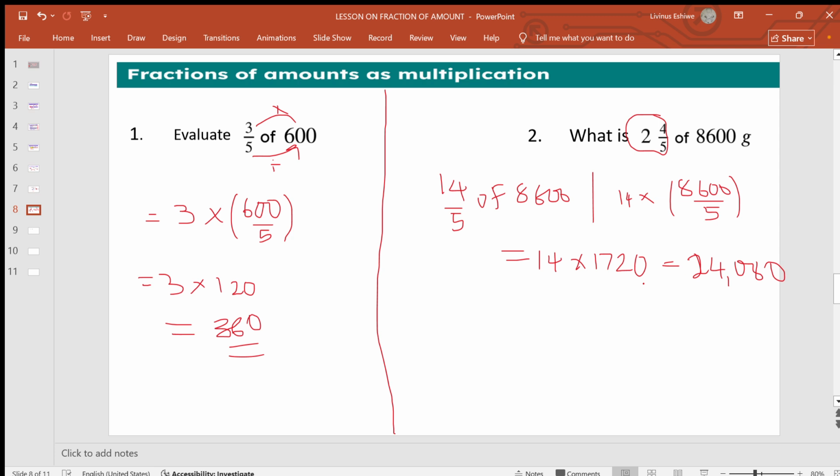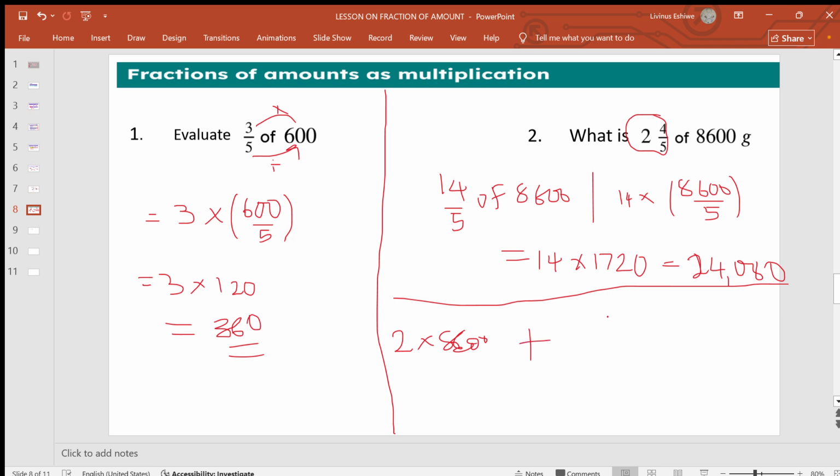Now remember I said you can solve this using a different method. Just remember that. So I can simply just do the second way of doing this. Let me just show you. You can solve the whole part, which is 2 multiplied by 8600, right?